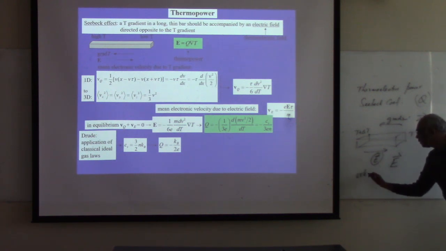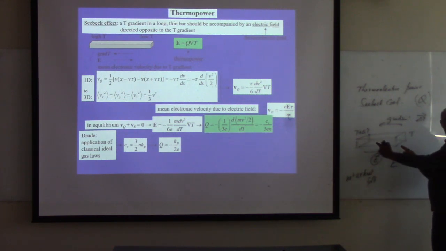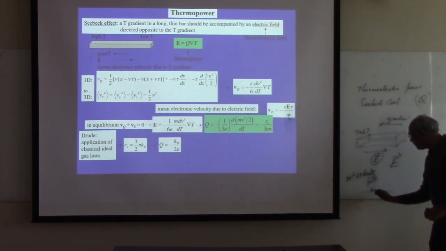Please remember, not an external field. External field means if you apply a voltage source, you have an external field, right? This is without any external source. It generates because of the charge accumulation from the temperature difference, right? So this is all internal. It's all an internal field.